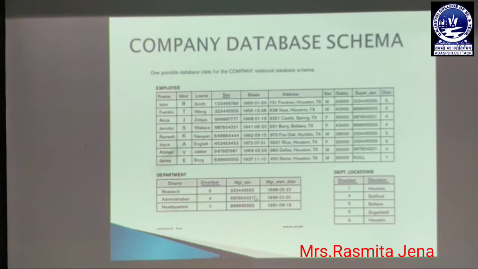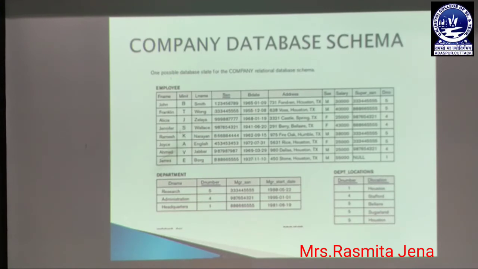From this tuple we will get the manager SSN number, that is 987654321, and compare this manager SSN number with the employee SSN number. So this was the match, that is 8765431, so this is the tuple.